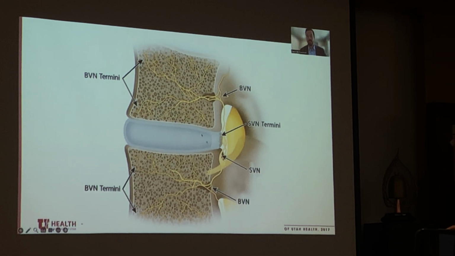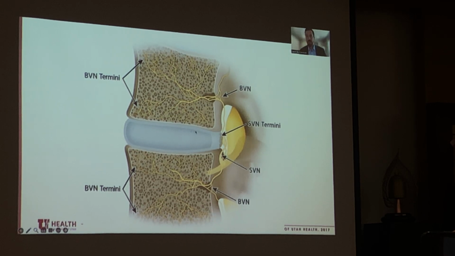So we have obviously the disc and the bordering vertebral bodies, cephalad and caudal to that disc. What's important here is distinct innervation. And obviously as pain physicians, spine interventionalists, spine specialists, we care about this deeply because there are ways that we can intervene on pain if we know where the path of nociception is.